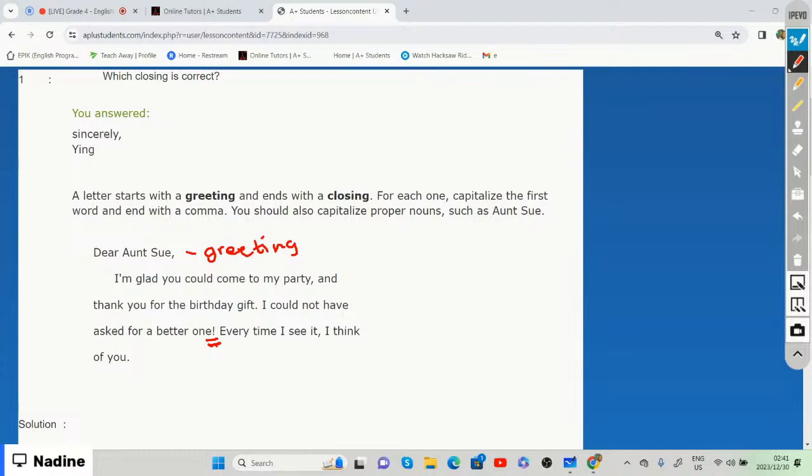And then of course when you end your letter, we need to close the letter. And we close off the letter by either saying sincerely and your name. For example, let's say my name.